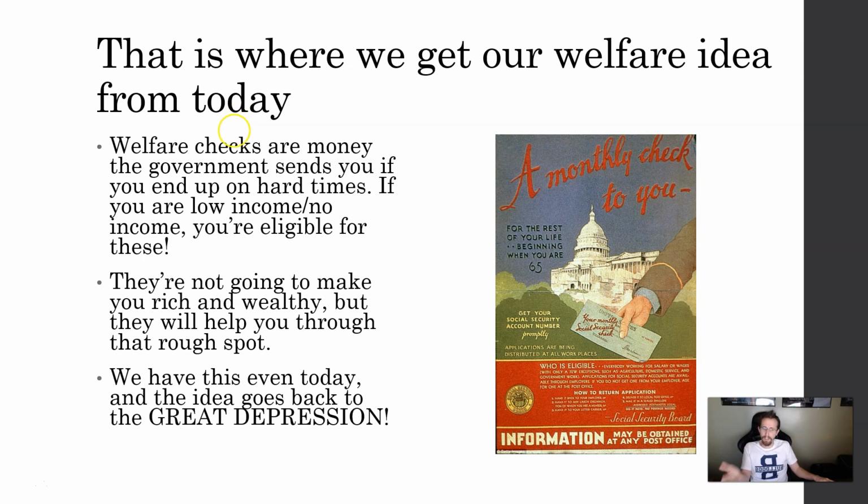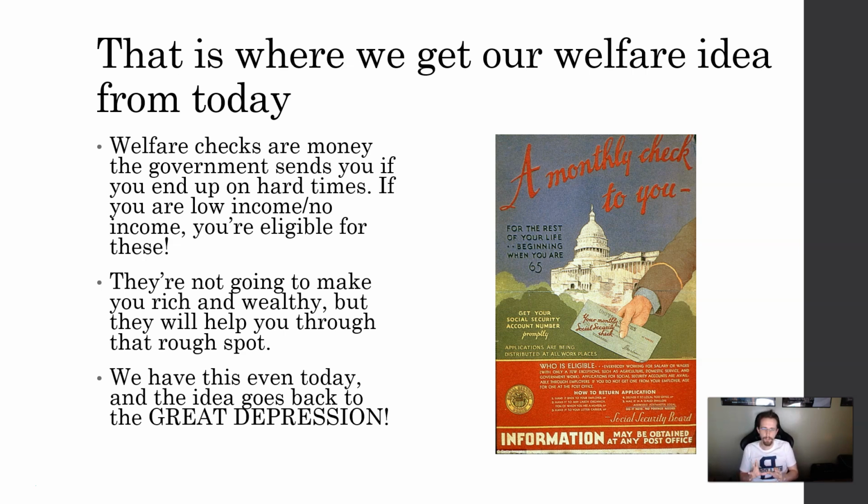And that's where you get your idea of welfare even today. You might have heard stuff like Social Security checks before, maybe in passing. That comes from this time period, the Great Depression, the idea that the government is going to help you if you get on hard times. Whether you're low income or no income, the government has your back. Not every country does that.